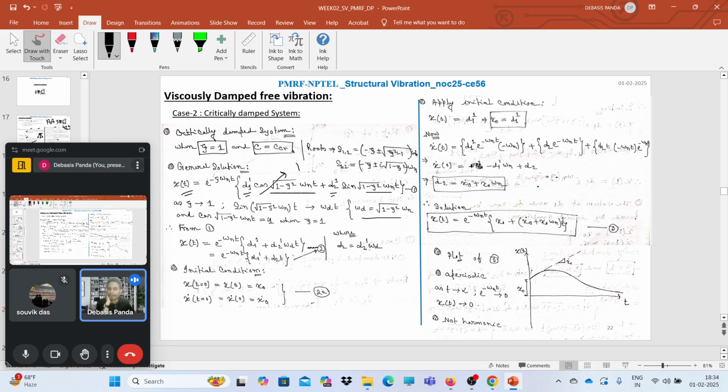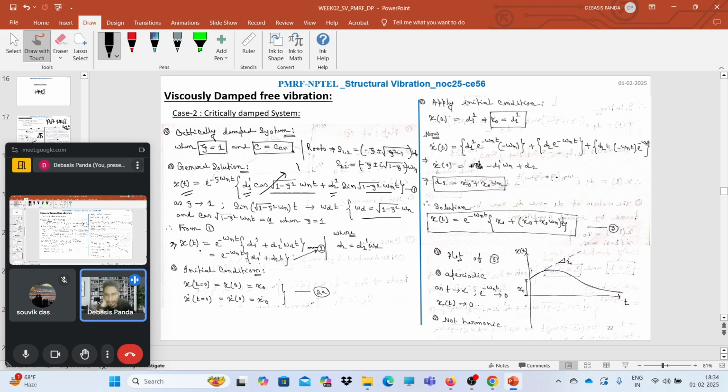Already you have seen the concept of the damped natural frequency: it is the natural frequency multiplied by the square root of 1 minus damping ratio square. Now put this in the solution and simplify it.